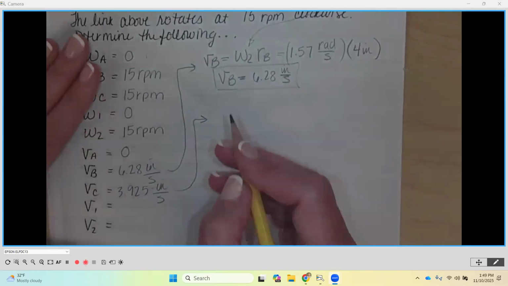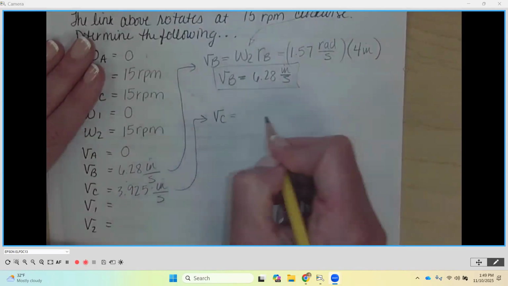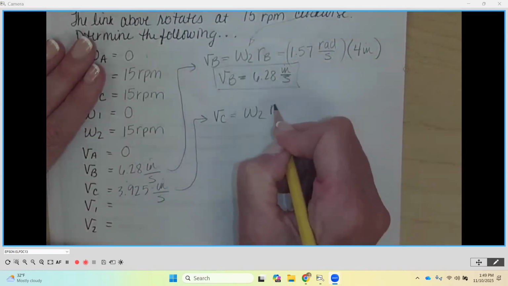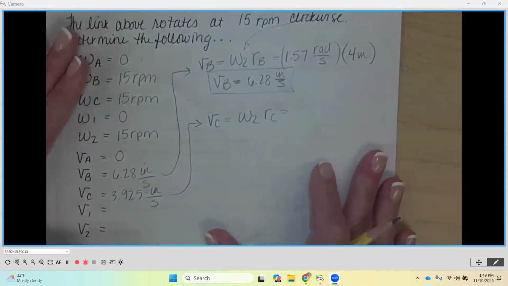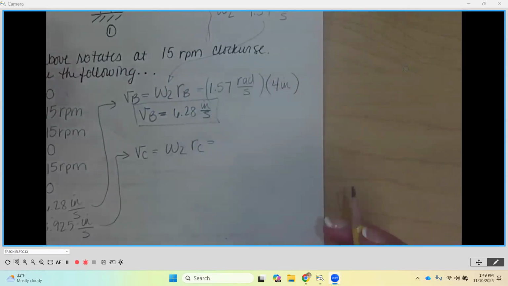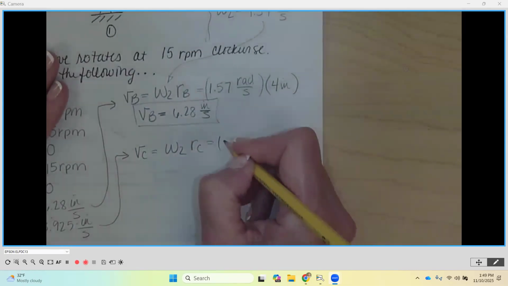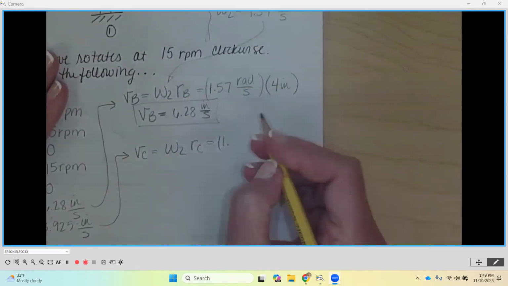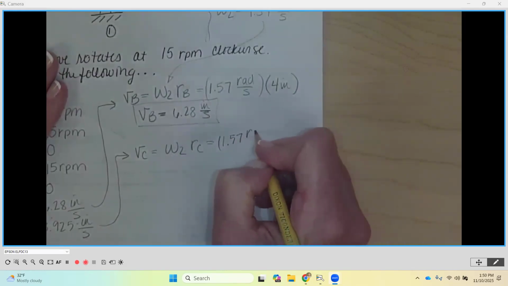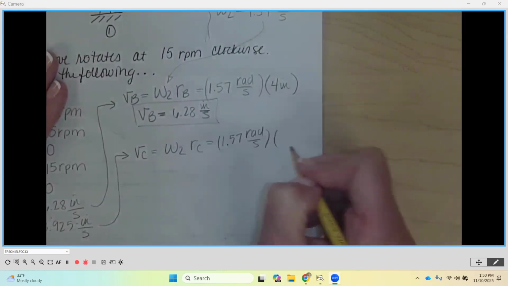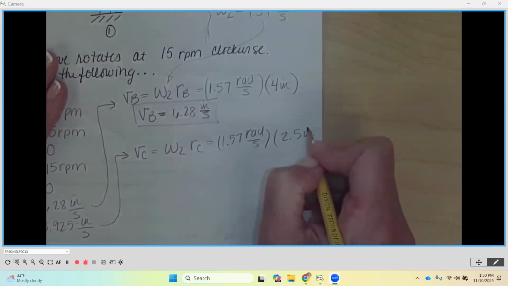Now we're ready to determine its magnitude. So velocity at C is going to be equal to W2 times RC, right? Lars, let me know what I'm going to put in. 1.57 radians per second. It's 2.5. Absolutely.